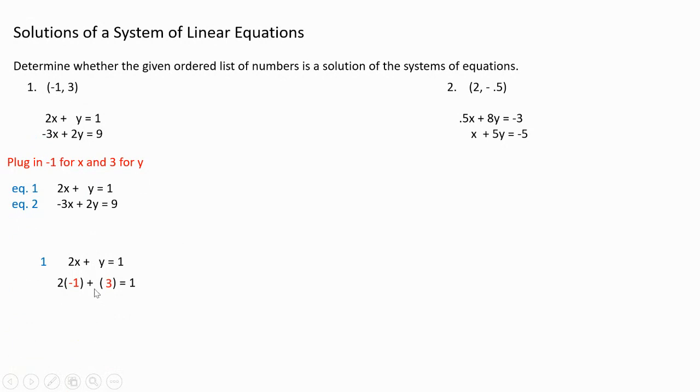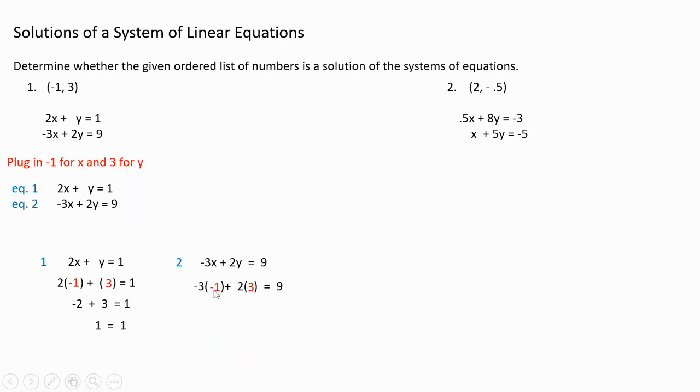Then after we simplify the left side of the equation, it's going to give us -2 plus 3 equals 1. So this is true, right? Because 1 equals 1. But for the ordered pair to be a solution, it has to be true when we plug it into both equations. So now let's go to number 2. Again, in the same manner, I'm going to plug in -1 for x and 3 for y.